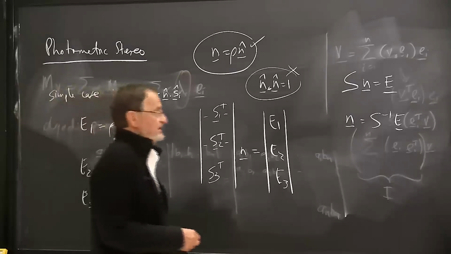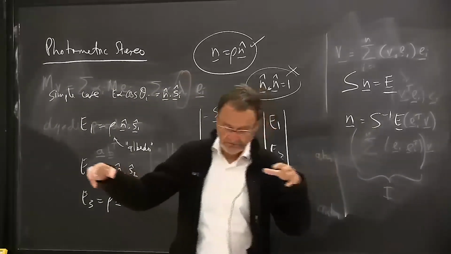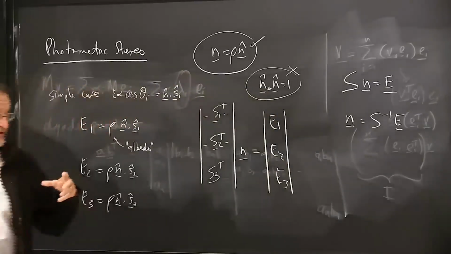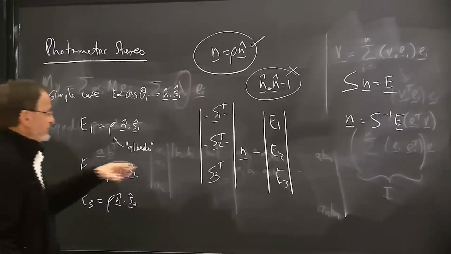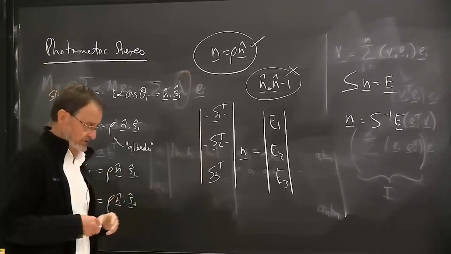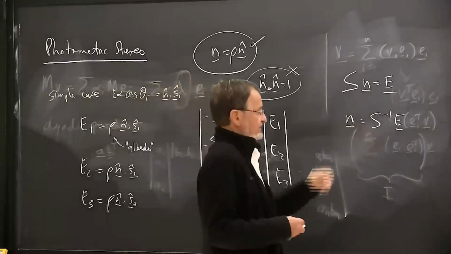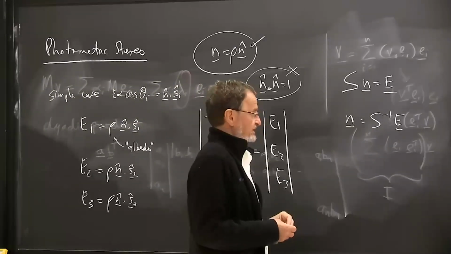In particular, I can pre-compute this matrix, assuming that the light sources are in fixed positions. So if I know where the light sources are, I know S1, S2, and S3. I can just construct this matrix and invert it ahead of time. And then this is just a multiplication of a 3x3 matrix by a 3-vector.